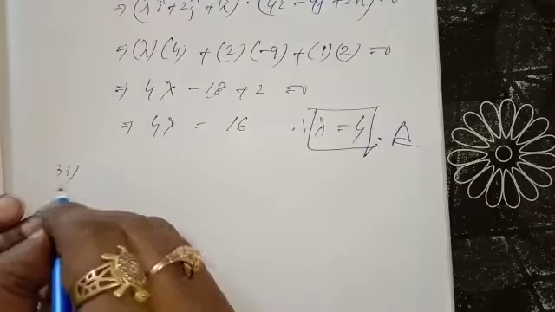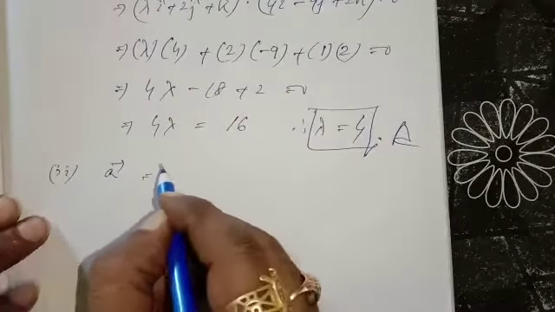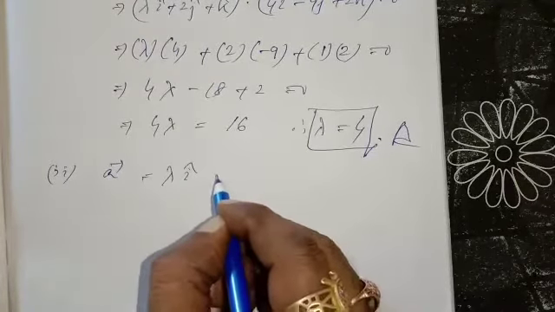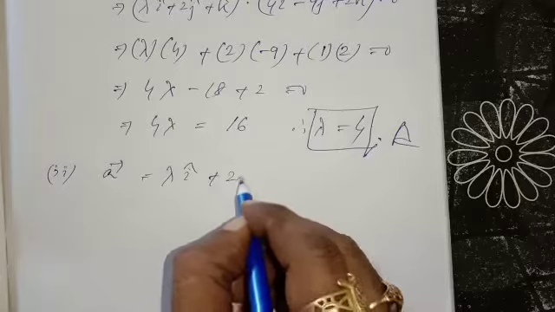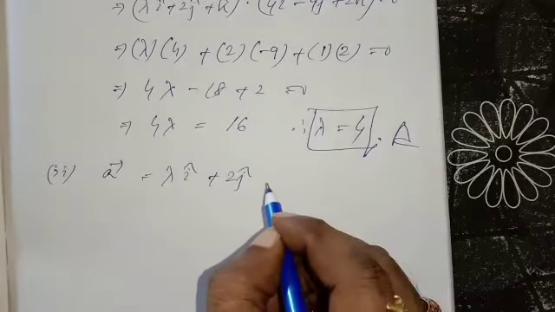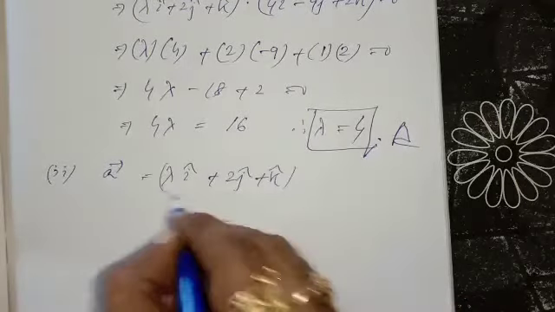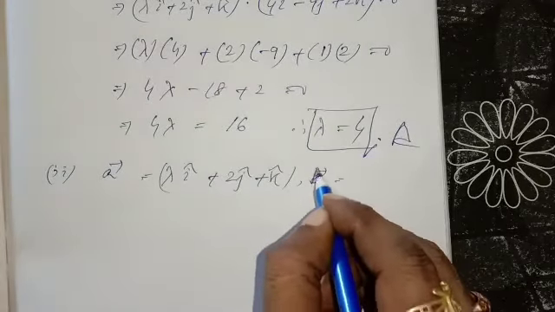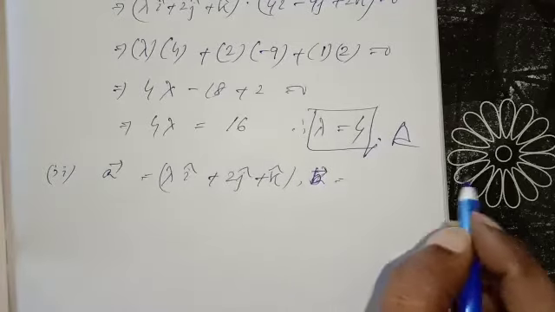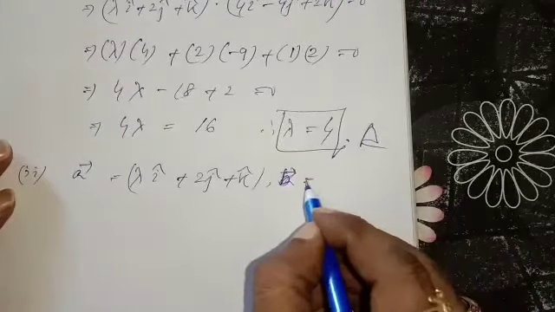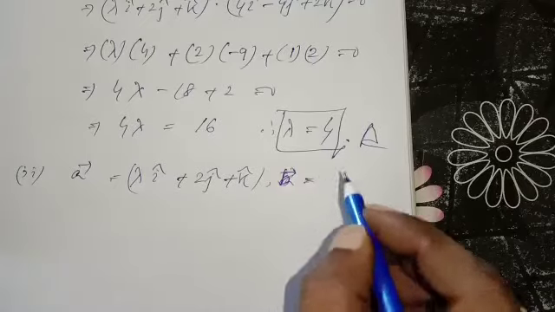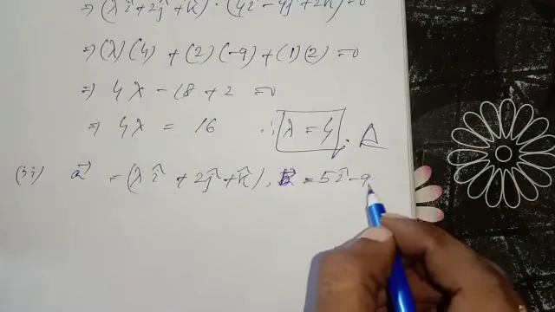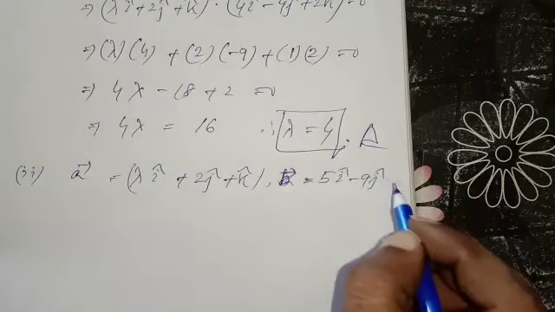The second part question: A vector is given in terms of ijk form, that is λi + 2j + k, and B vector is given as 5i − 9j + 2k.